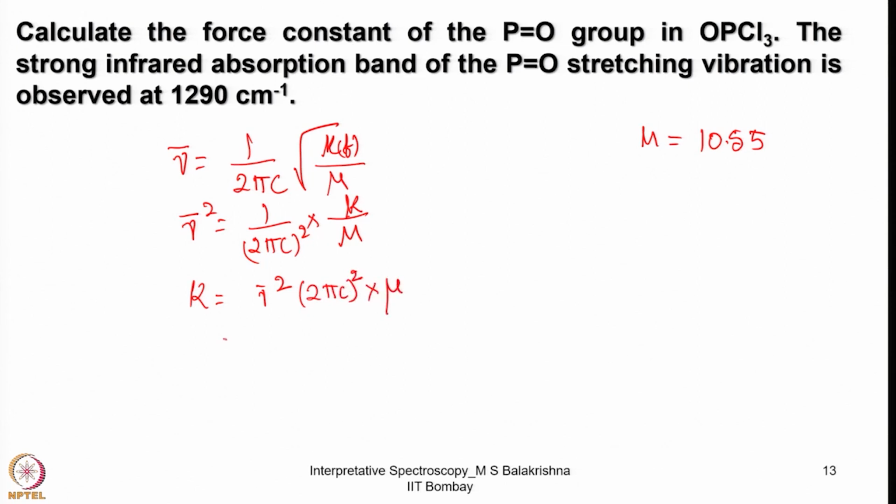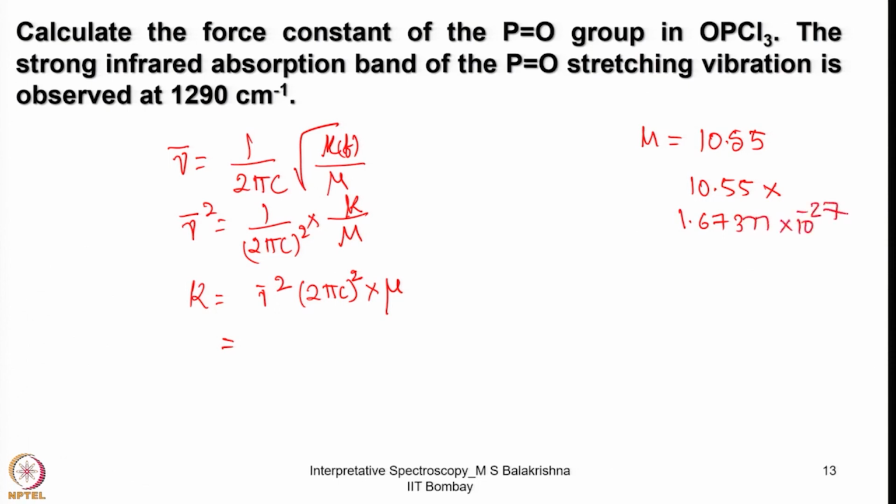Now if we add all the values here, this reduced mass should be converted into kilograms. So we should multiply this by 1.67377 into 10 raised to minus 27.